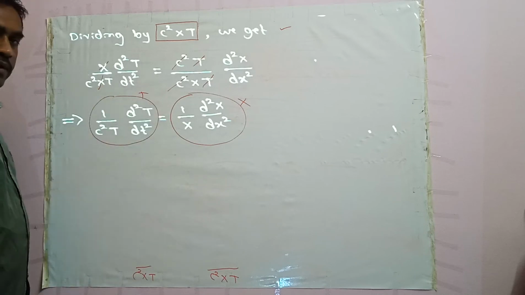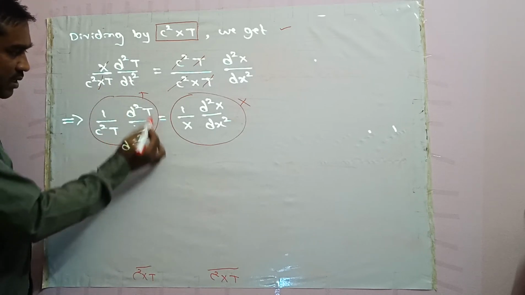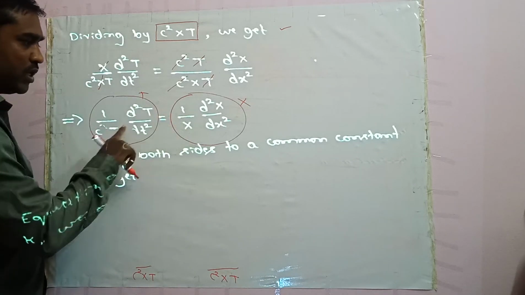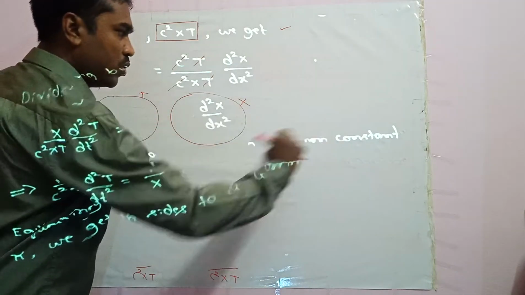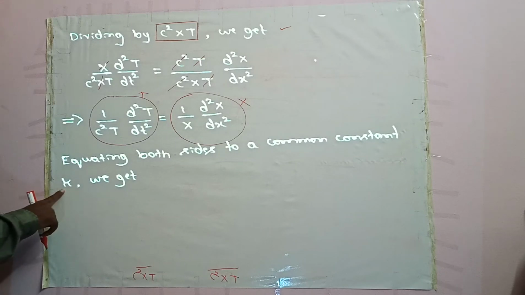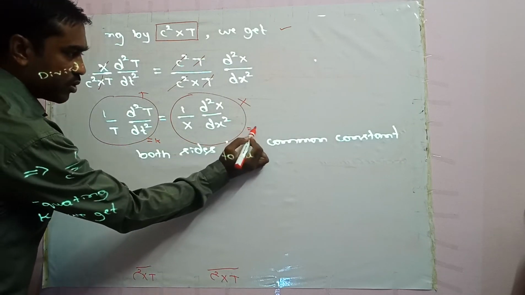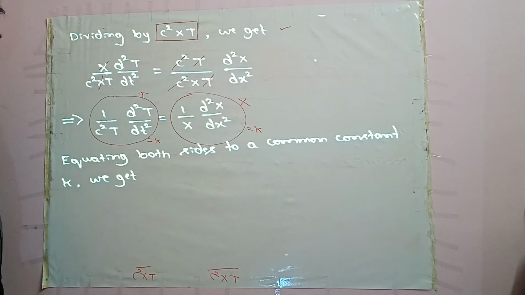So it is already separated. Now we are going to equate both sides to a common constant k. That is, let us equate this as k and this also as k.